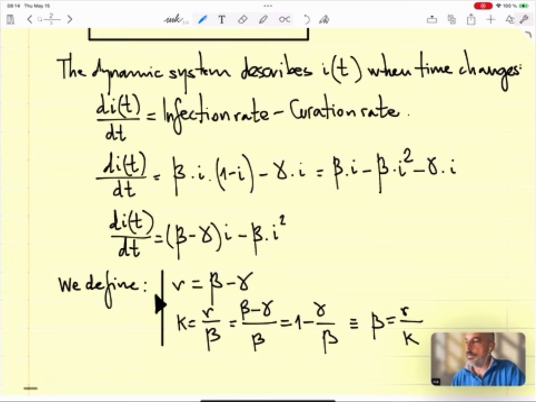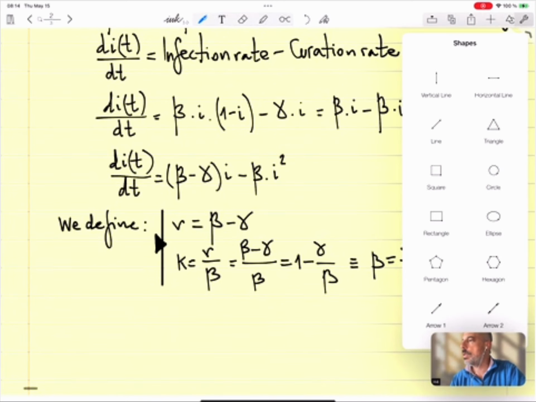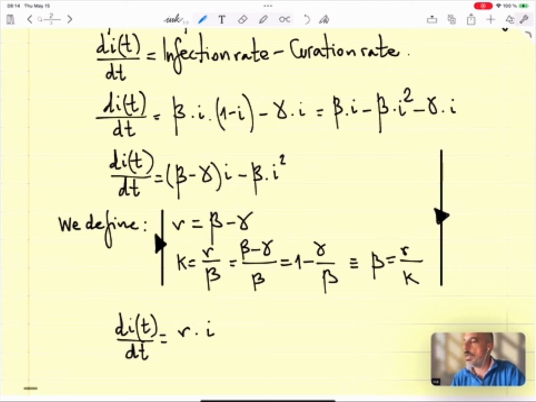And yeah, so we put these two parameters in the equation above. And as a result, we have that the first derivative of I equals R times I minus R divided by K times I squared.